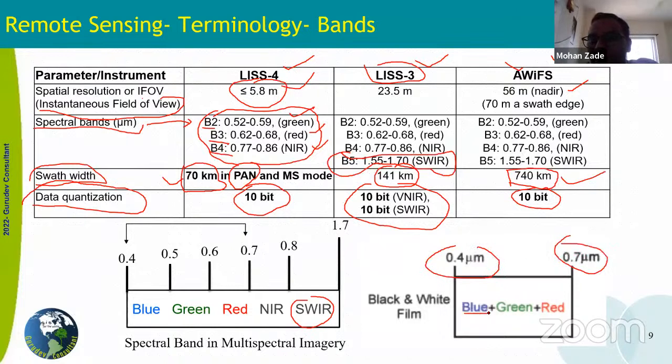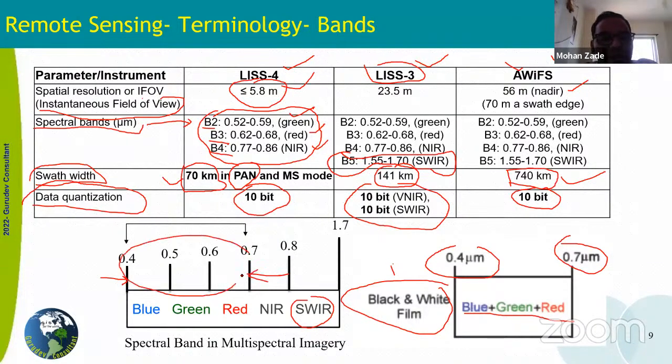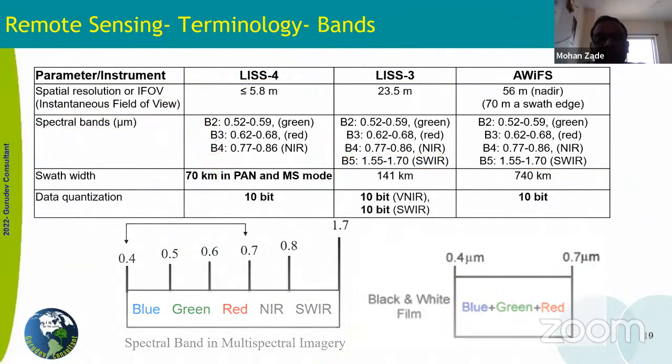So you will have blue, green, red as one band, and it is always black and white. If you see here, 0.4 to 0.7, this is one band. So you are losing the information of blue, green, red when you combine this complete band. But at the same time, it improves the other things.